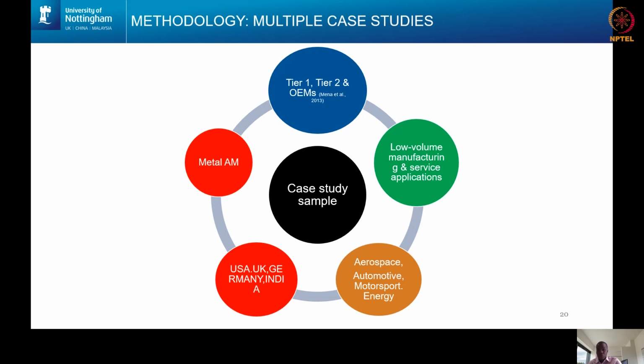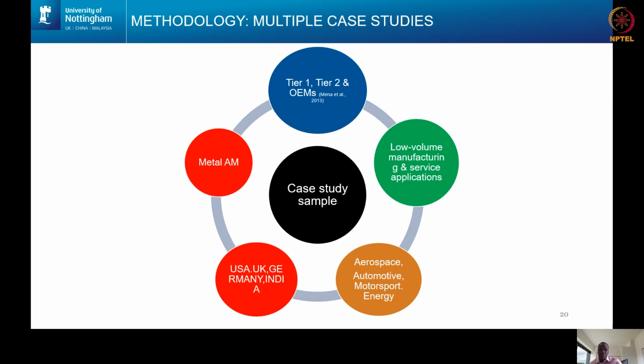Our sample was also very wide-ranging. We looked at different countries, companies domiciled in the US. The US is at the forefront of additive manufacturing developments. The United Kingdom, Germany, a very key market when it comes to 3D printing. And we looked at India as well to understand the developments in additive manufacturing in a developing economy context.